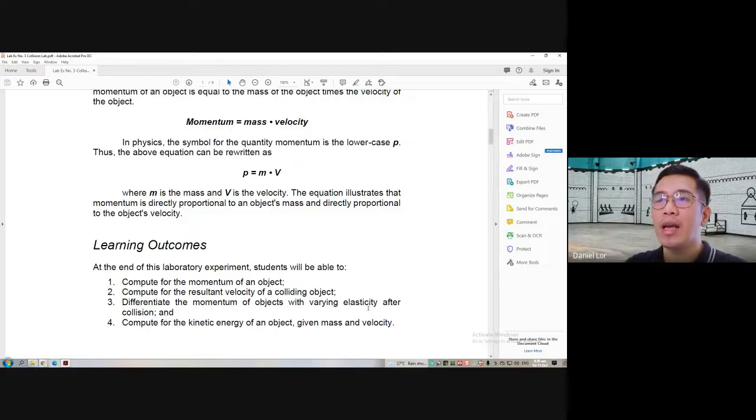So for our simulation, we used 100% elasticity and 5% elasticity para ma-compare yun nato sila totally, no? And you have to answer this last question, how to compute for the kinetic energy given the mass and velocity.